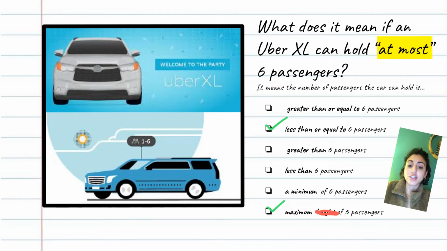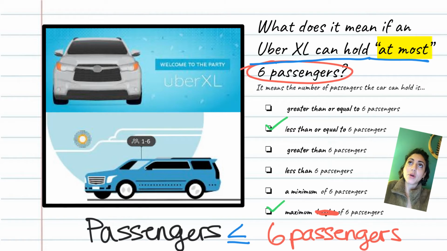So the Uber XL can hold 6 passengers, so that's why it's equal to 6 passengers or less. 5 passengers, 4 passengers, 3 passengers, 2 passengers, 1 passenger, no passengers. And the Uber XL can hold a maximum of 6 passengers. So at most, the max, it can't go beyond 6. You can't have 7 passengers, even if your friend's trying to squeeze in. Can't do it. Okay? So that's the difference between at least and at most.